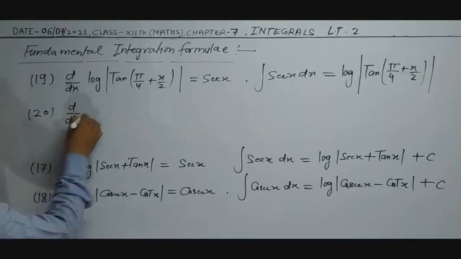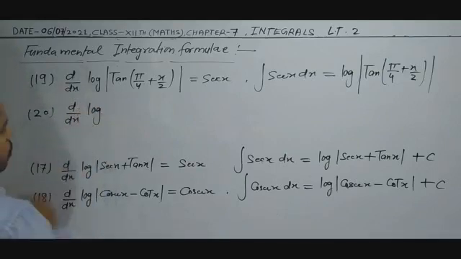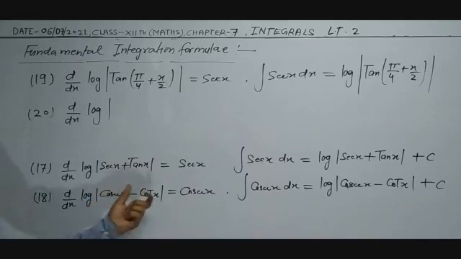So d by dx of log of cosec x minus cot x. Cosec x can be written as 1 upon sin x minus cos x upon sin x. So 1 minus cos x upon sin x, you will split it. 1 minus cos x means 2 sin square x by 2, and cos x is cos square x by 2 minus sin square x by 2.